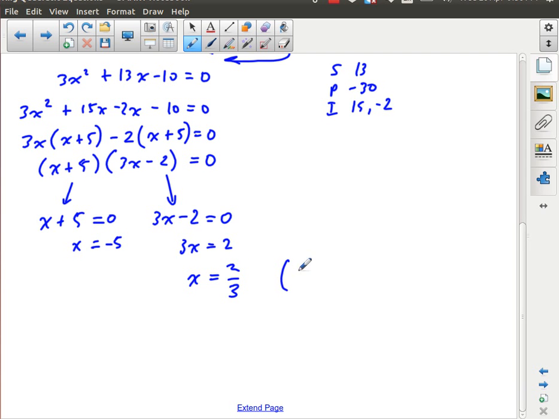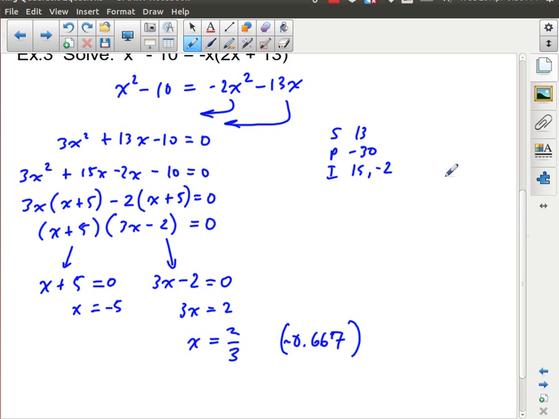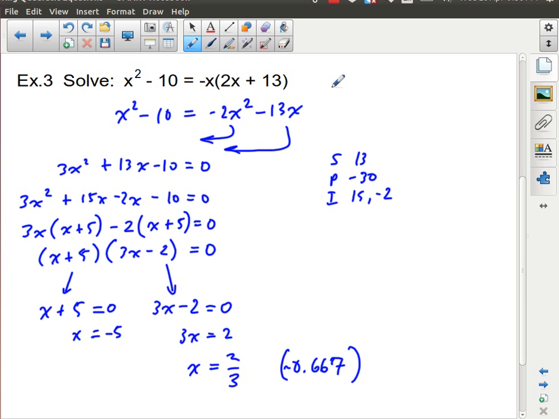And just to remind you, 2/3 is the same as 0.667 approximately. I say that because of the graph we're about to look at on the next page. So this is the solution. These are the two values of x that make this equation true.